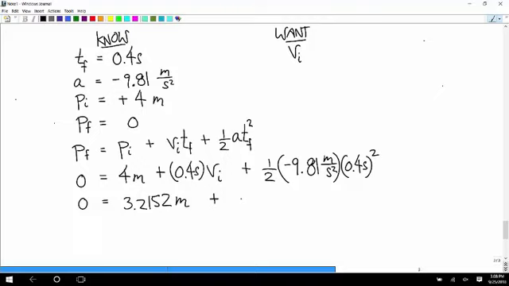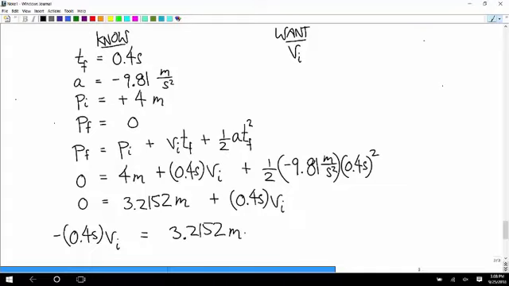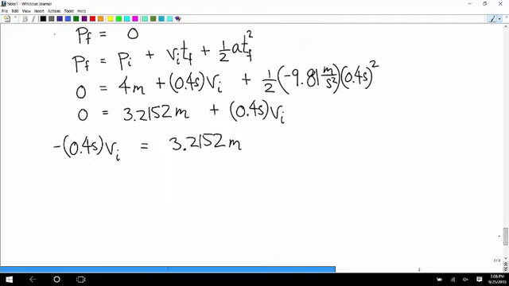Plus 0.4 seconds times VI. So if you move the second term over to the left side, you get 0.4 seconds negative times VI is equal to 3.2152 meters. And now divide both sides by negative 0.4 seconds.